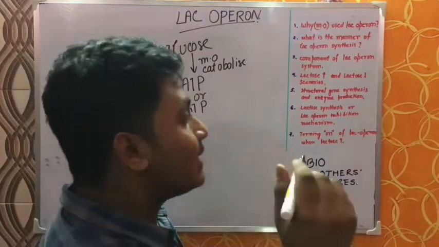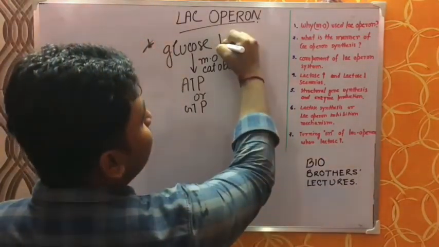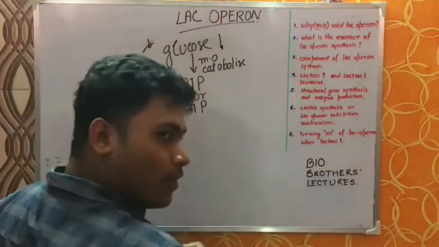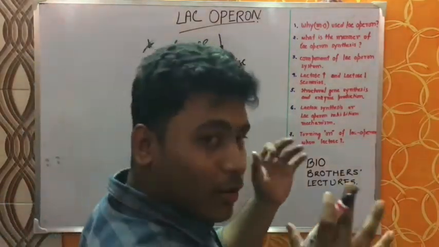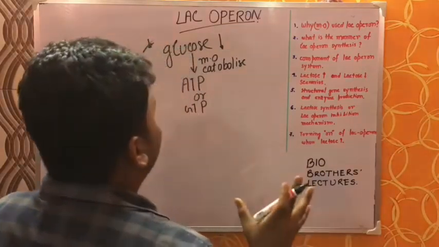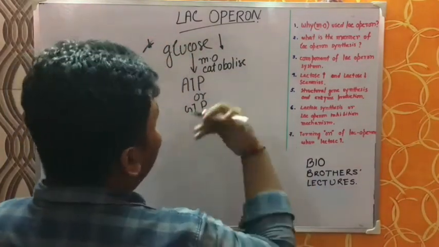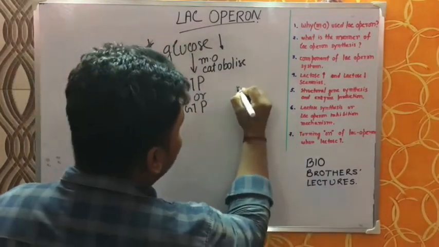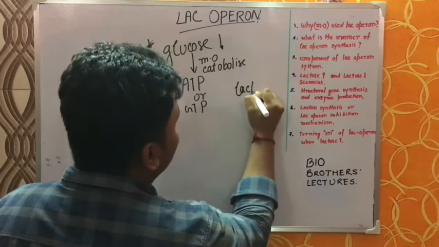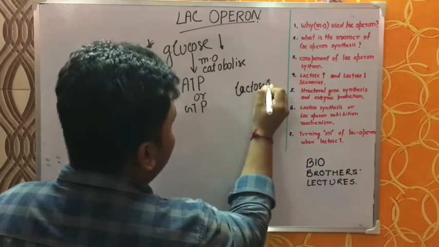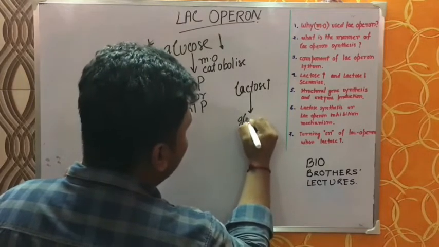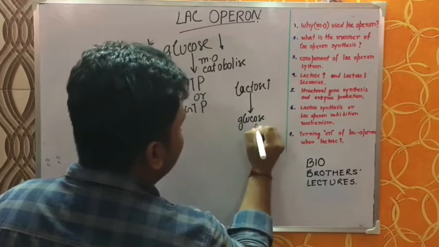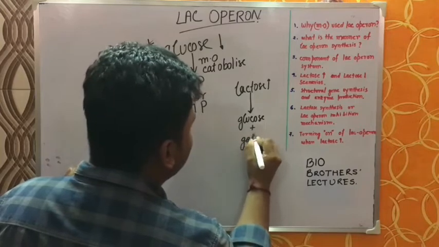Now let's imagine a scenario. Suppose glucose concentration is low, and the bacteria or microorganism has no energy source to catabolize. Then what do they do? They will uptake lactose and catabolize it into glucose plus galactose.